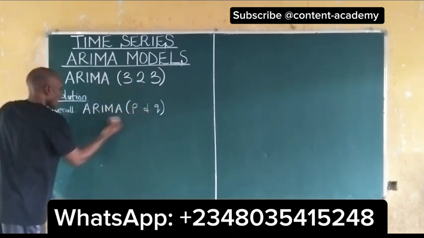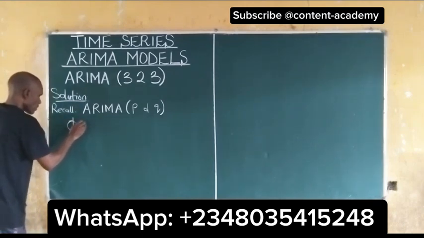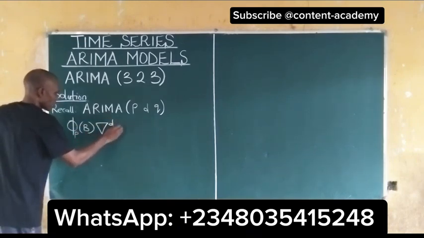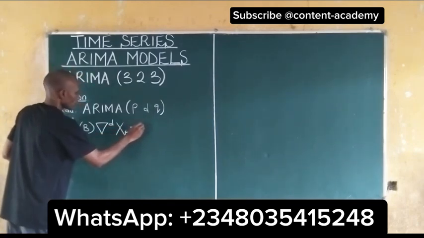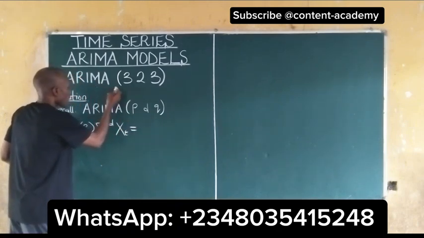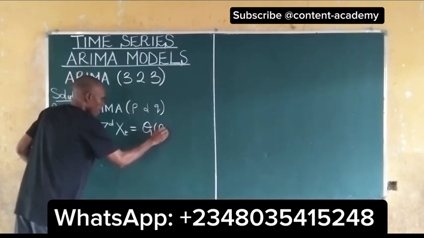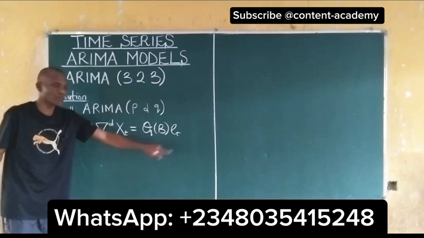So we can write our model for the ARIMA to be phi P B, our differencing, our time series values, and the MA part, which is theta Q B, then ET, which is our error term or our white noise process.